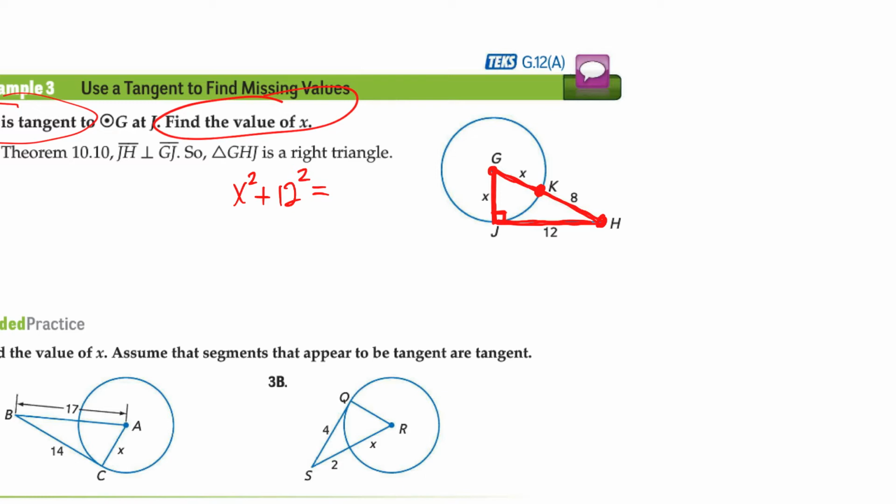That's what most people say, but that means 8 times x, and that's not exactly what's going on. It's x plus 8, right? The whole distance from here to here is not these two multiplied, it's those two added. So C is x plus 8 long. So we're going to have x plus 8 squared.